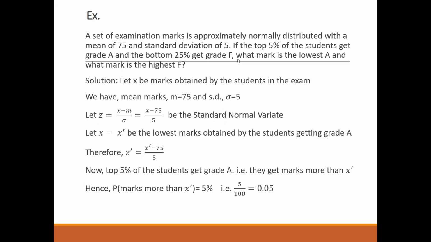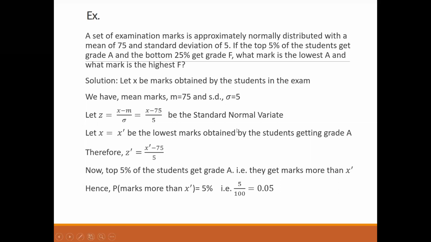What answer you have got, 1.64, is right, but you have to replace this in the standard normal variate function and then get the value of X, because we are searching for the value of X, or X single quote, you can say. Okay, I'll show you the answer, how we go about it. The others can note it down.